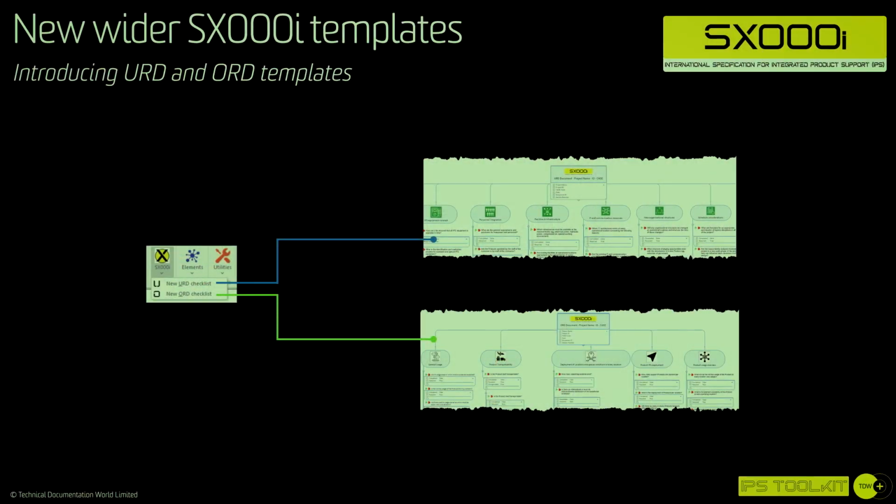So therefore we can have one centralized map that's using almost applicability type statements that we can then filter. So the URD and ORD templates are now available.